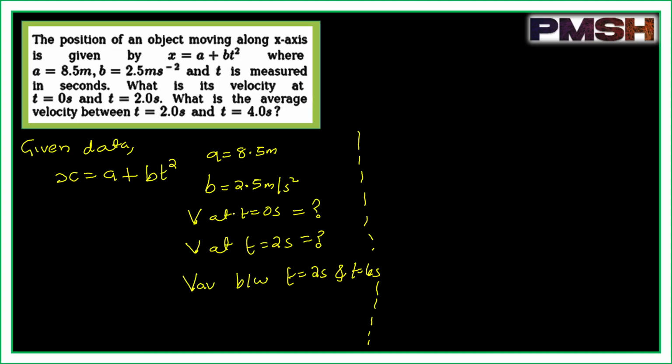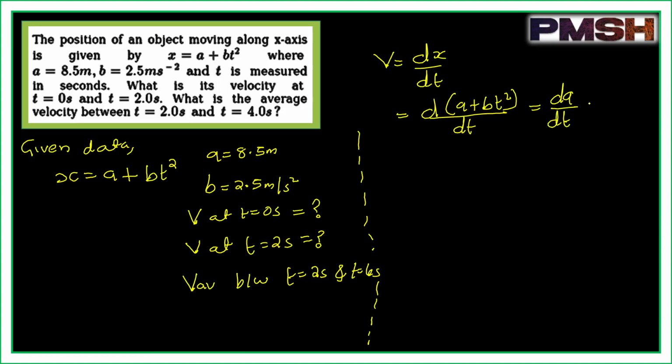Now you want to check about velocity. So how to find the velocity? We know that velocity is the first derivative of displacement. So you differentiate the expression of displacement, that is a plus bt square with respect to t. Clear? Since there is a plus sign between them, we will separate it. So derivative of a with respect to t plus derivative of bt square with respect to t.